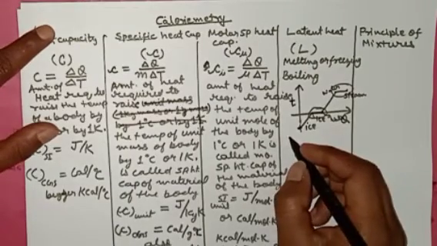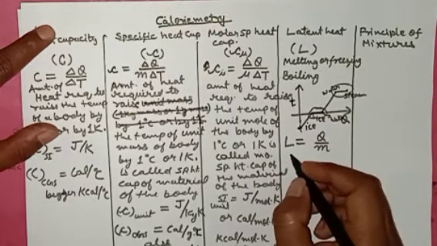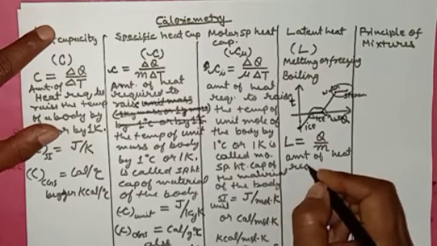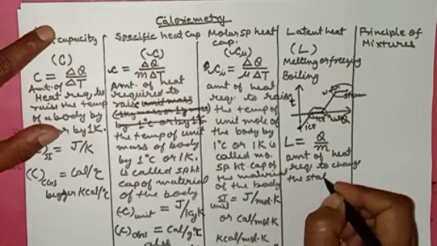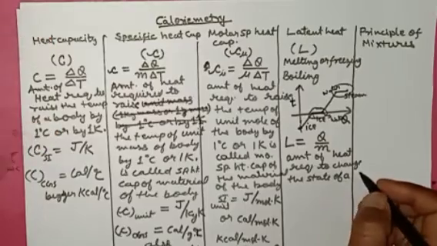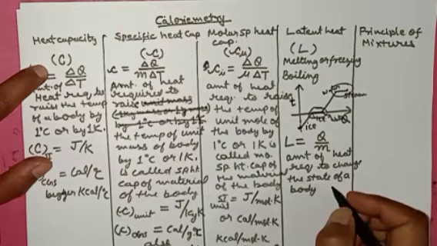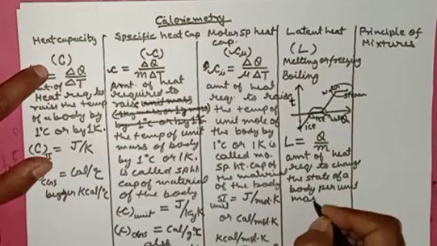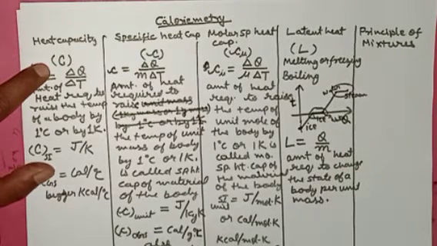So L equal to Q by M. Latent heat is the amount of heat required to change the state of a body per unit mass, or we can say the amount of heat required to change the state of unit mass is called latent heat.